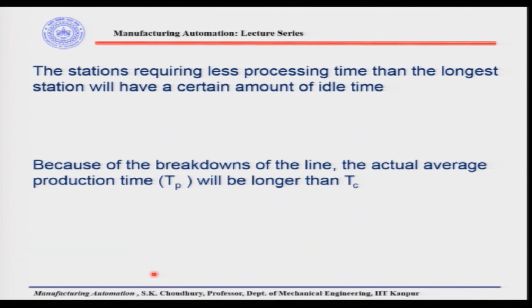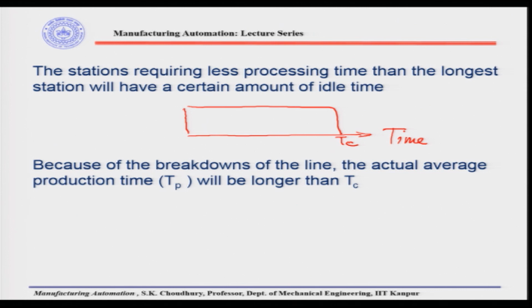The stations requiring less processing time than the longest station will have a certain amount of idle time. Now, what is that? Let us say here we have the time axis, and we will find out the cycle time. So this is the cycle time, T(c).